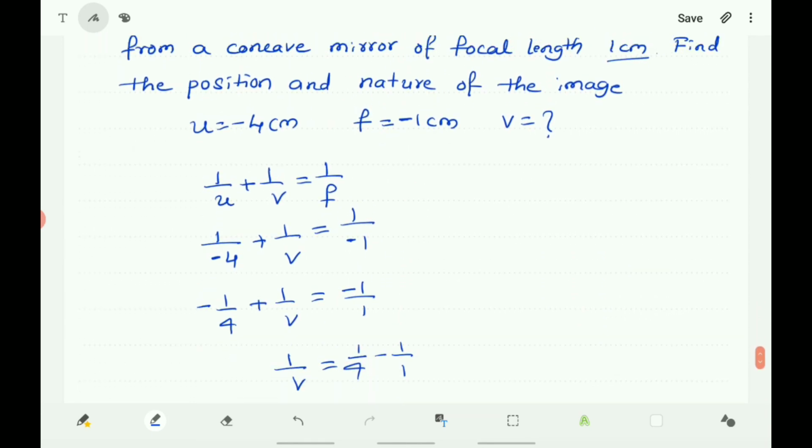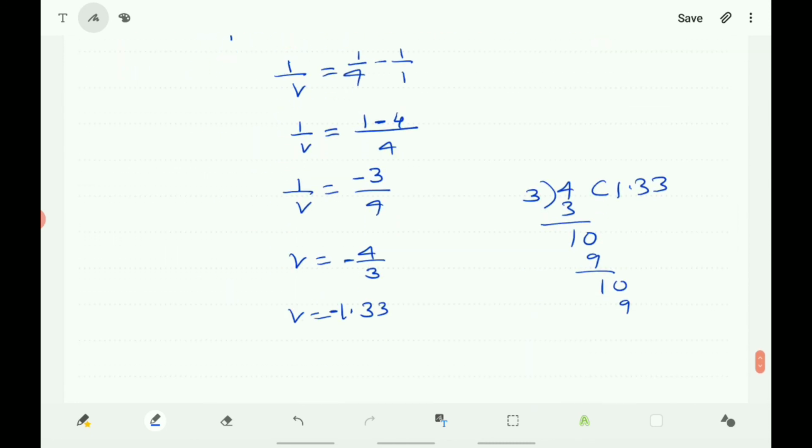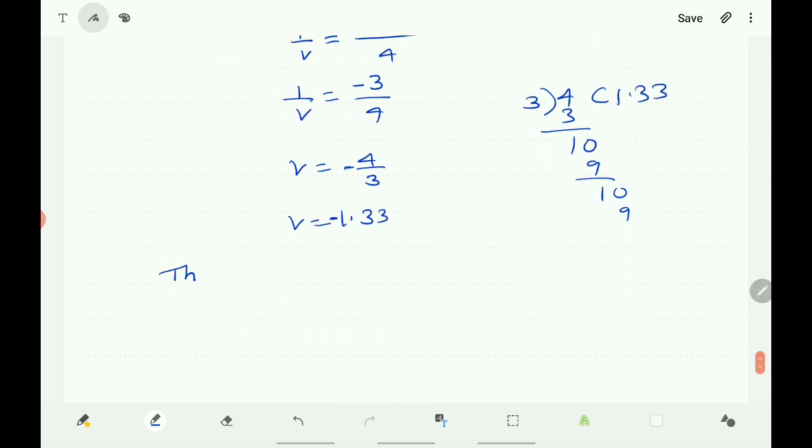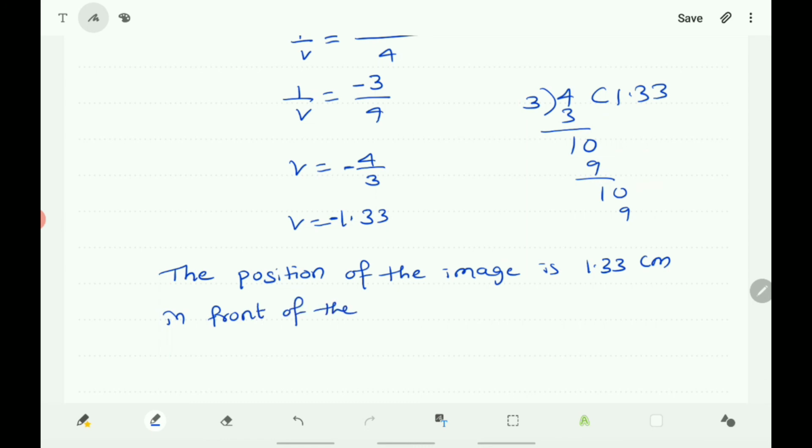So you write the position of the image is 1.33 cm in front of the mirror, and it is real and inverted.